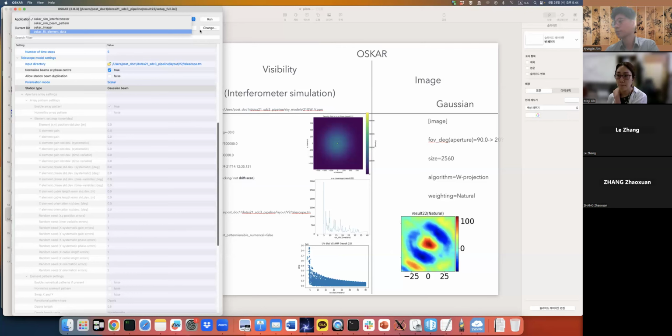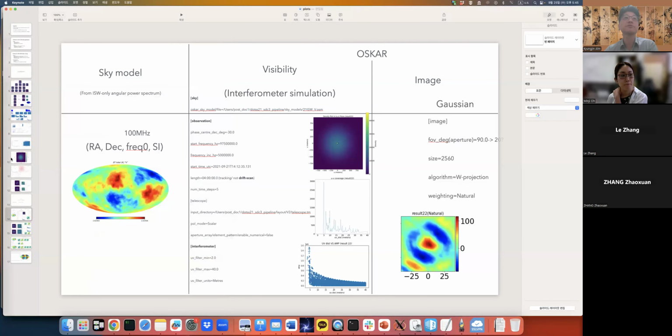That's why in the DC challenge they choose this small 10 by 10 degree patch. Yes, we know that. It's just that this science is beyond 10 degrees, so we are just testing whether it is even feasible.